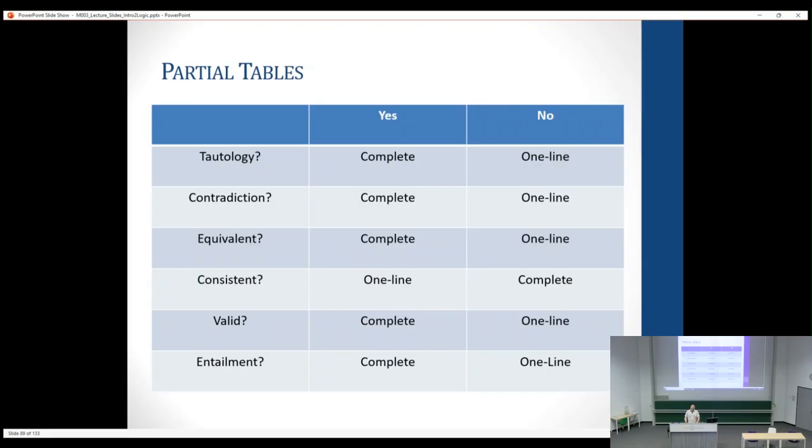So this gives us a way where sometimes we'll be able to save some time. Instead of drawing out the full table, if you know the argument's invalid, you can just give me a valuation that makes premises true and conclusion false. Or if you know the sentence is not a tautology, you can just give me a valuation that makes the sentence false.